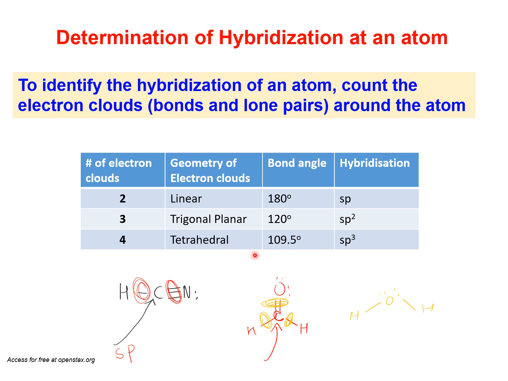Geometry will be tetrahedral with angle 109.5. This is for a perfect tetrahedron. It's not the case in water because we have lone pairs here, but the hybridization of the oxygen atom here would be sp3. So it is very easy to figure out the hybridization if you know how many electron clouds are present in your central atom or the atom in question.